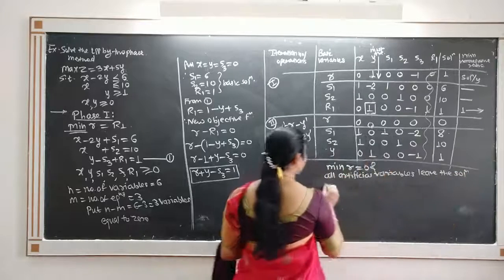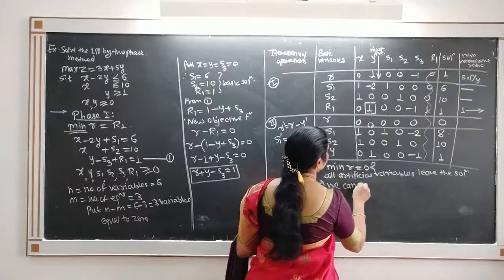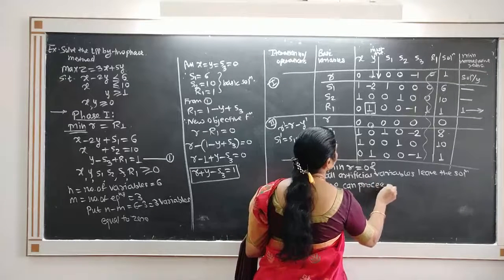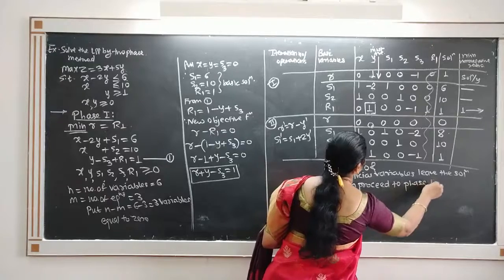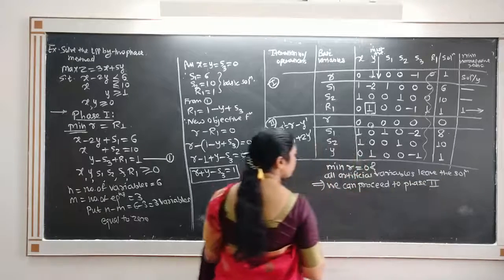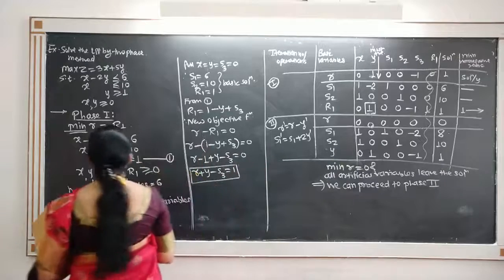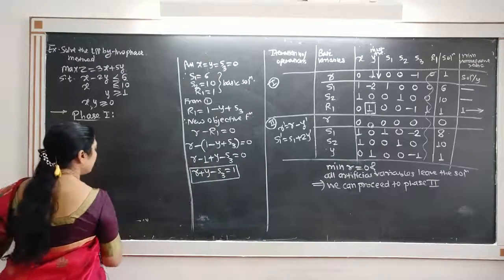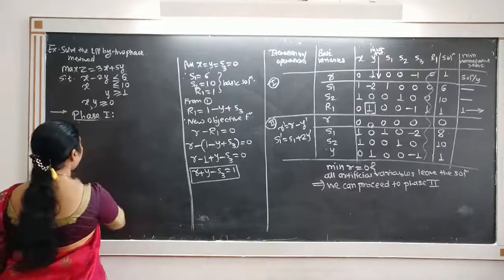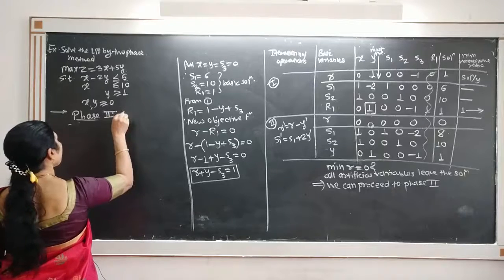This implies that we can proceed to phase 2. So in phase 2, we will take original objective function, but the feasible solution obtained in phase 1 as the basic feasible solution for phase 2.